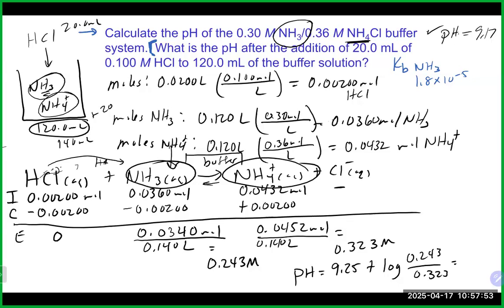A little log action, and adding 9.25, and that's going to give me 9.13 in terms of my pH. That also makes sense based on where we started at 9.17. We added some acid, the pH went down a little bit, but not drastically.